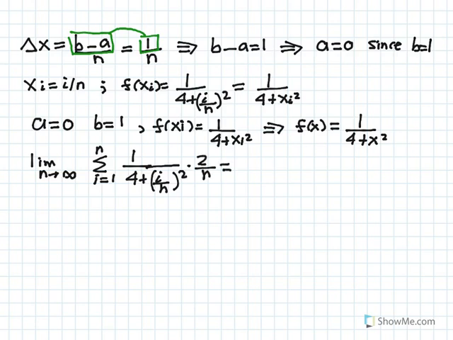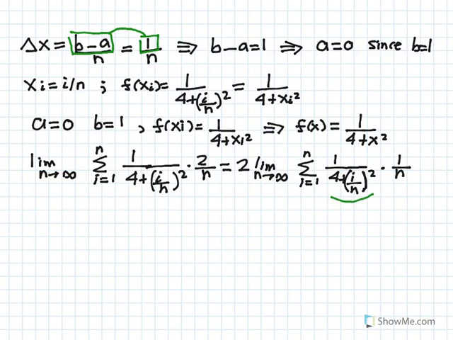If we factor out the 2, we get 2 times limit n goes to infinity, i goes from 1 to n, 1 over (4 plus i over n) squared times 1 over n. It's clear that this part is f of xi, that's the functional values. This part is a real delta x, and that's the reason for factoring out the 2 and putting it into the front.